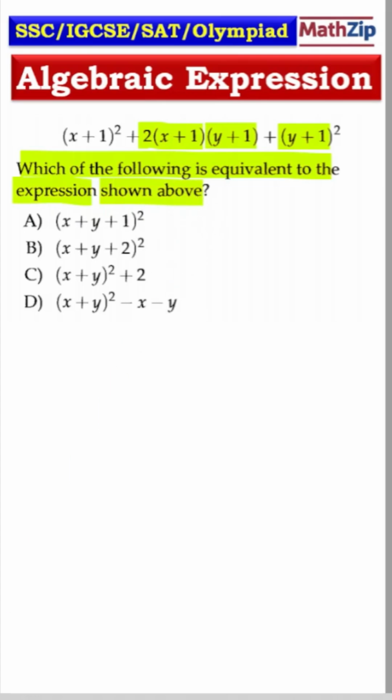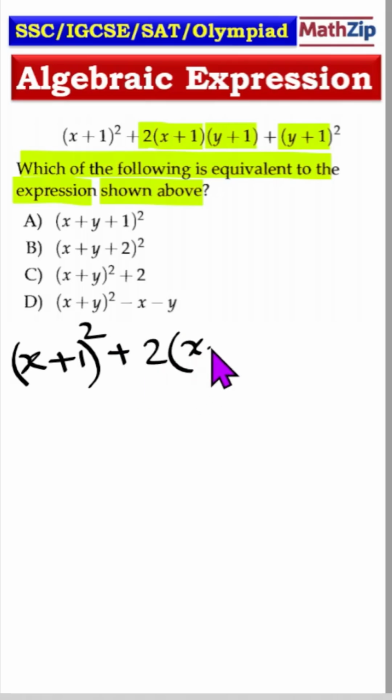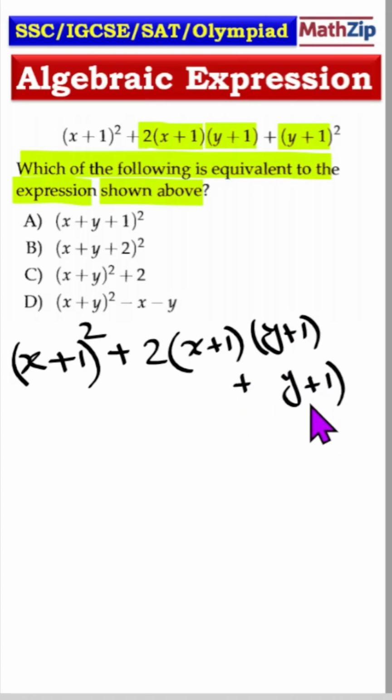Here are some options and we have to find out which one is correct. So first we can write (x plus 1) squared plus 2(x plus 1)(y plus 1) plus (y plus 1) squared. Now we have to find out some similarity.